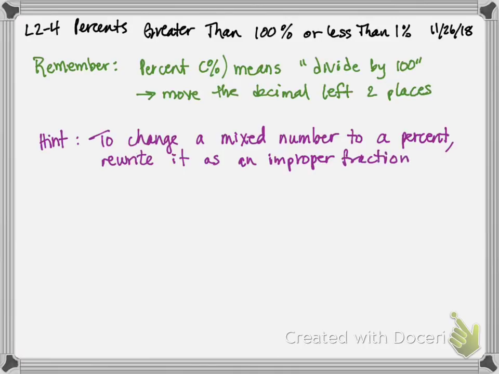So remember how that goes. Let's say we have, example, 2 3/5, we're going to multiply 5 times 2. So that's the denominator times the whole number, and then we're going to add the old numerator. The denominator stays the same. So that gives me 13/5. Okay, so we're going to change the mixed number to, rewrite it as an improper fraction.